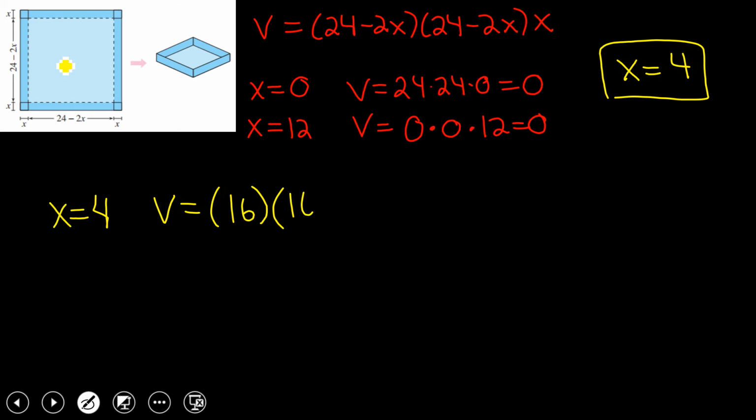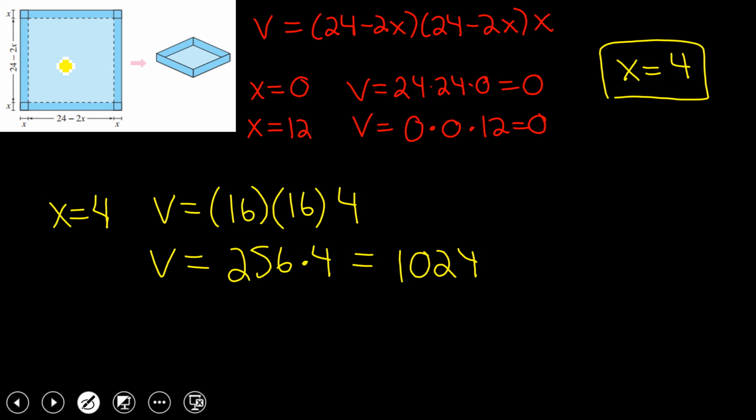Well, 16 times 16 is 256. If I multiply that by 4, I should get 1,024 cubic units of whatever I'm using. So that's the biggest volume that is possible using these restraints, right? I can't move before or after.